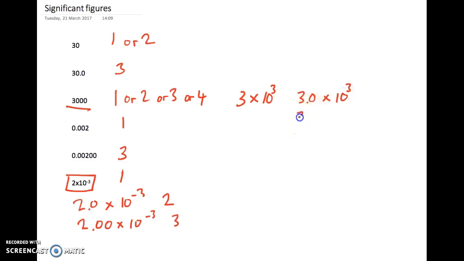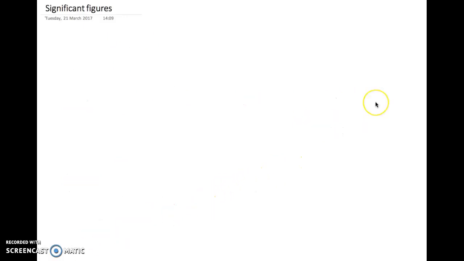Three significant figures, 3.00 times 10 to the 3, and four significant figures, 3.000 times 10 to the 3. So it's just a much clearer way of showing how many significant figures we have.